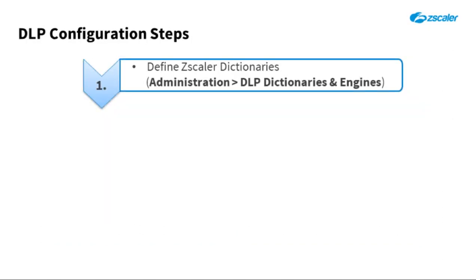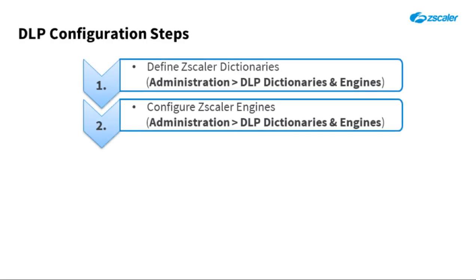There are a number of steps to configure DLP functionality on the Zscaler platform, the first of them being to review, customize as necessary, or even create new DLP dictionaries on the Administration DLP Dictionaries and Engines page. The next step is to review, customize as necessary, or even create new DLP engines on the Administration DLP Dictionaries and Engines page.